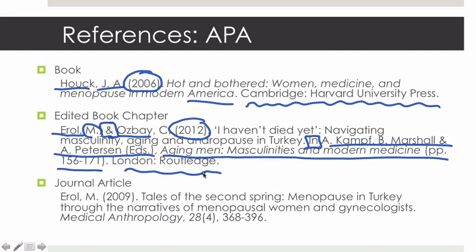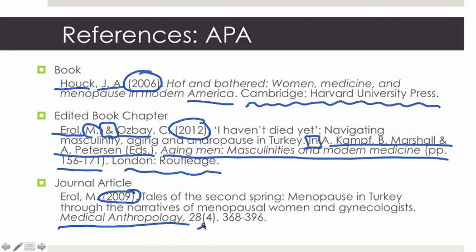The journal article is in a way similar to the edited book chapter. Again, you start with the author, the date, the title of the article, and then the title of the journal, italicized, and this is important: unlike the other titles, the journal titles are capitalized.